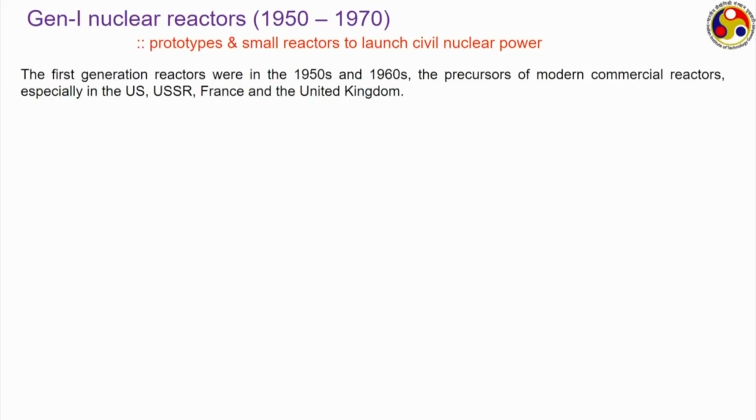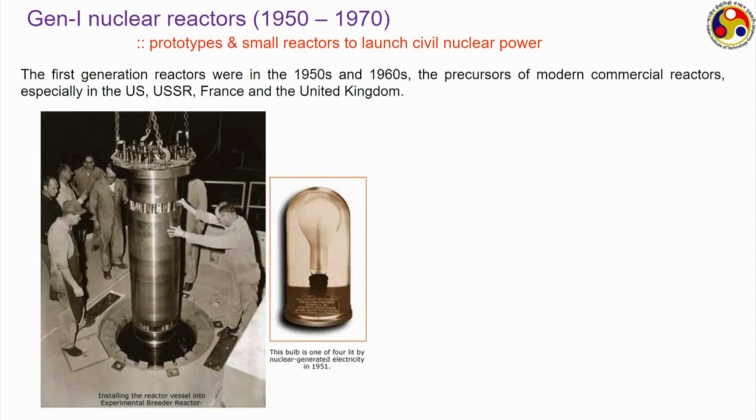These were the designs that were developed in several countries including the United States, the former Soviet Union, France and also the United Kingdom. The United Kingdom focused more on the gas cooled reactors, and the early generation gas cooled reactors came from them, whereas the United States and the former Soviet Union focused in parallel on light water reactor technology as well as fast reactors. This was probably the first breeder reactor or fast neutron reactor established in the former Soviet Union, and the power that was developed by it in 1951 was just sufficient to light 4 bulbs.